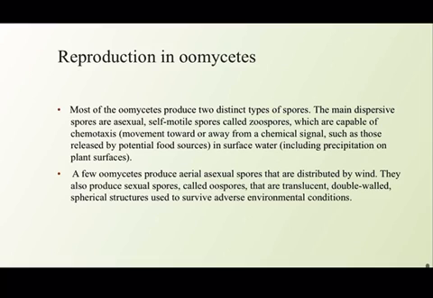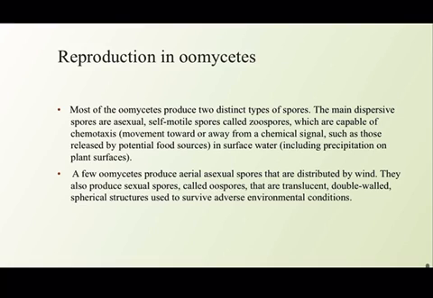Coming to reproduction in oomycetes, most oomycetes produce 2 distinct types of spores. The main dispersal spores are asexual, self-motile spores called zoospores, capable of chemotaxis, which is movement towards or away from a chemical signal, such as those released by potential food sources in the water or on the surface. A few oomycetes produce aerial asexual spores that are distributed by wind.